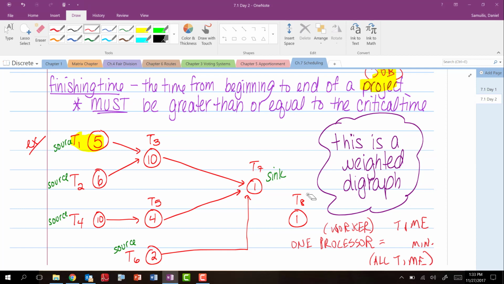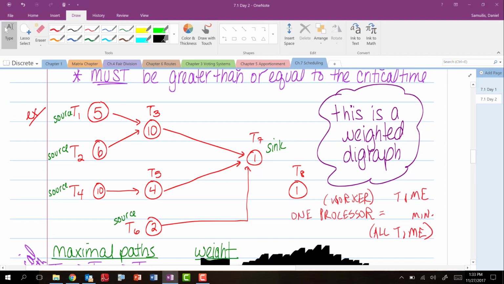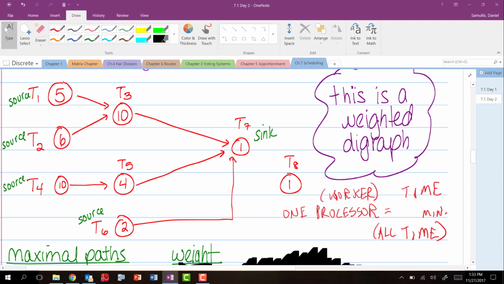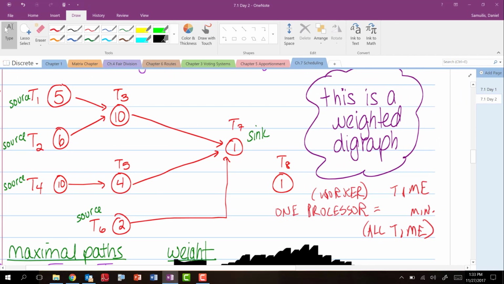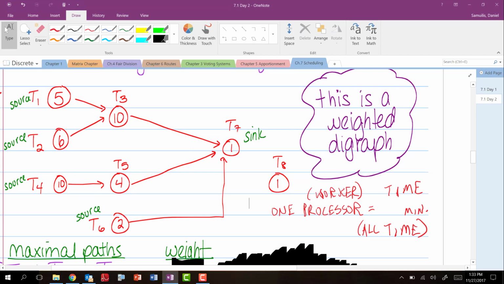Okay, so back to this. The only reason I highlighted this is T1 takes 5 minutes, T2 6 minutes, T4 10 minutes. And actually, I want you to look down here, and we'll answer that question now. If I only have one processor on this job, one worker, how much time would it take to finish this job? Well, I already put this.